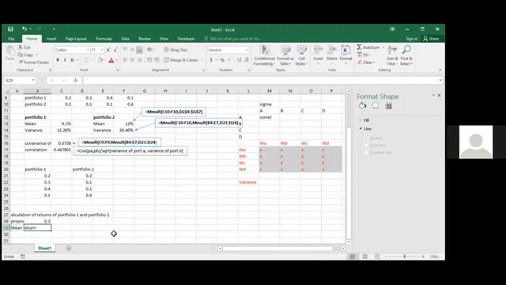Mean value, equal sign, 30% multiplied by the return of portfolio 1, plus 1 minus 30% multiplied by the mean value of portfolio 2, F13, 11.13%.